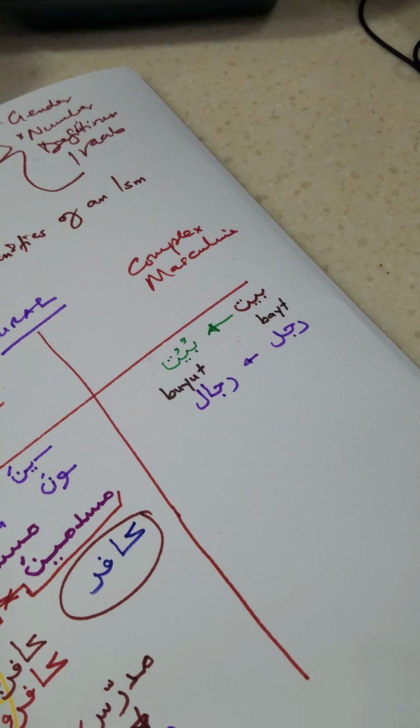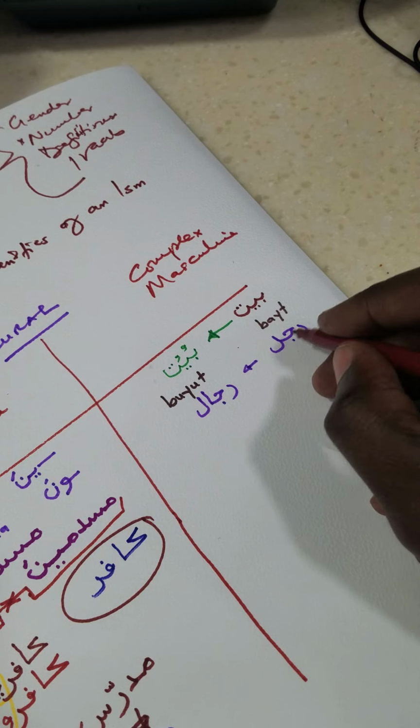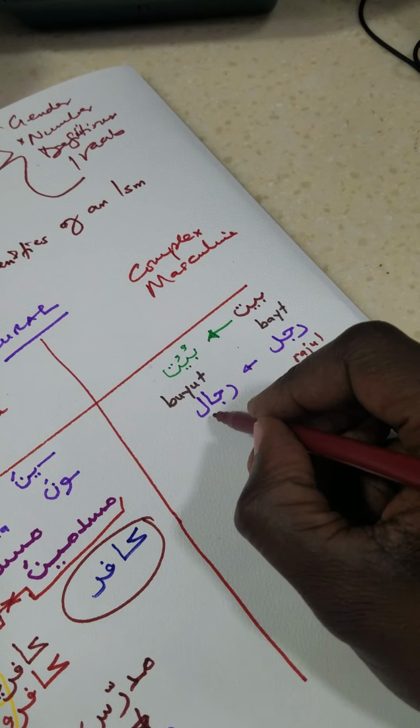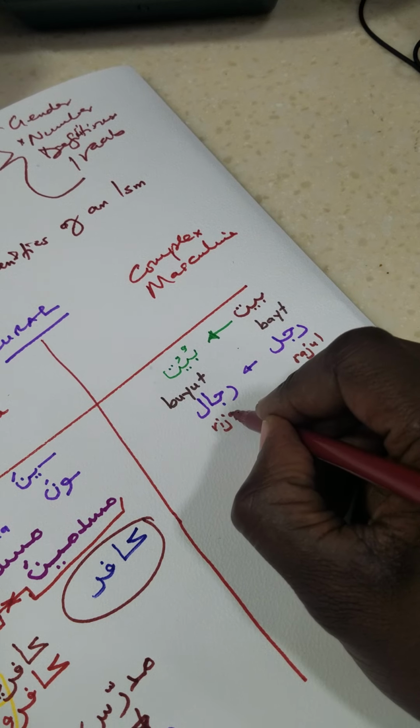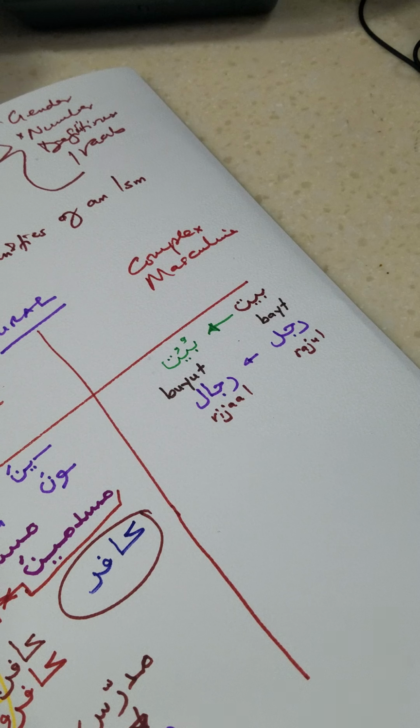See, no format. I can put this for you to remember: this is rajul and this is rijal. A man is rajul. When it comes to many, rijal.